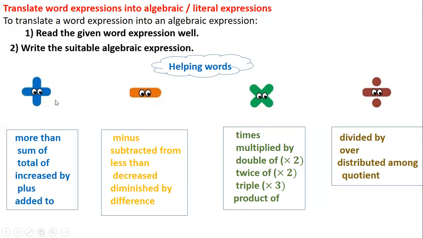What words tell me about the plus sign or the addition operation? In word expressions, when you read more than, it means plus. Sum of means plus. Total of also means plus. Increased by, plus. The word plus means the operation plus. Added to also means plus.